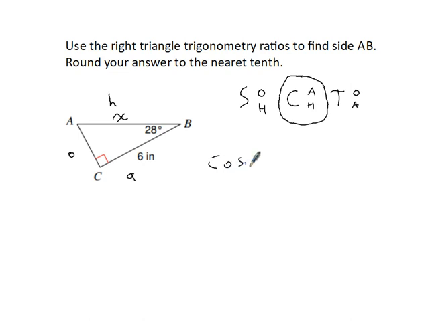Cosine of 28 degrees equals the adjacent side, 6, over the hypotenuse, x.